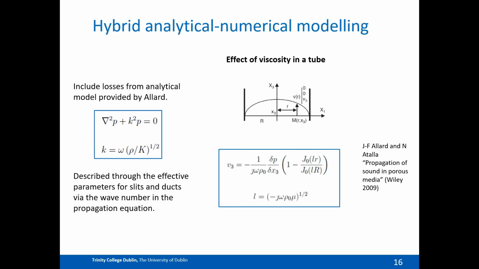The theory provided here is a description based on a small cylindrical tube for your viscous and thermal effects. Velocity vanishes at the wall, and you've got your temperature being 0 at the wall. From this, you can then get your density and your bulk modulus.